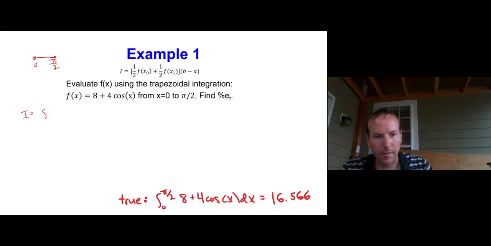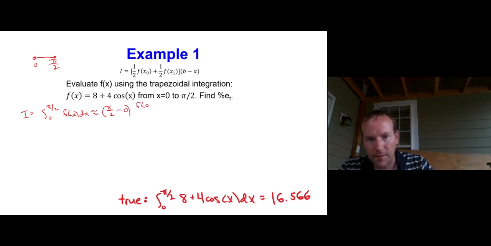And we say that we want the integral from 0 to pi over 2 of f of x dx. Then we're going to apply our little formula for calculating the numerical integral right here. And so that's going to give us b minus a, and then we're going to multiply by f of 0 plus f of pi over 2 over 2, right here.